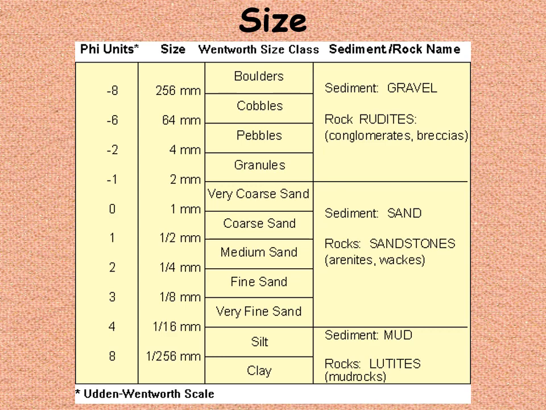So with the help of this size, we can get an idea about the sedimentary depositional conditions. The coarser particles like the boulders, cobbles, pebbles, granules are deposited close to the source rock. Suppose a river originates from a hilly region and meets the sea.